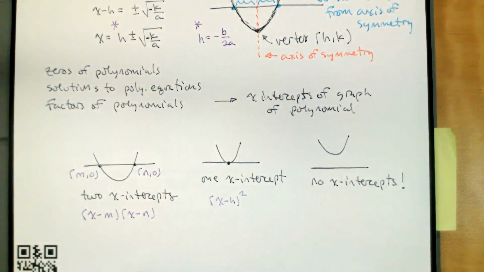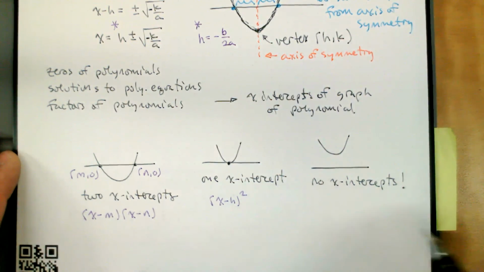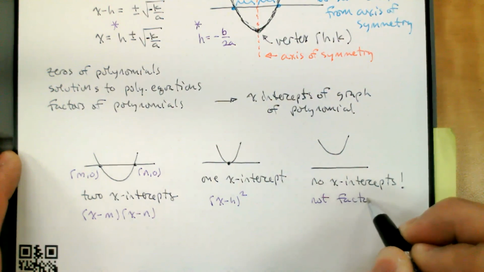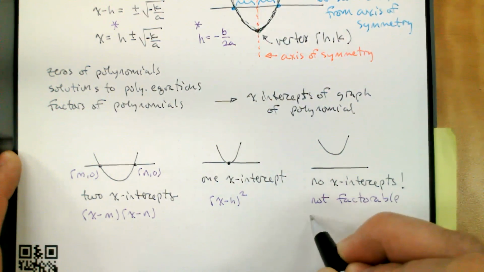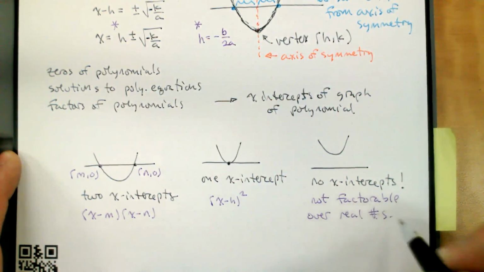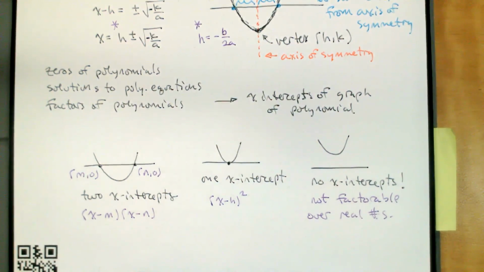So that x-intercept will count twice. It'll be the square of a binomial factor. No x-intercepts, and our polynomial is not factorable over the real numbers.